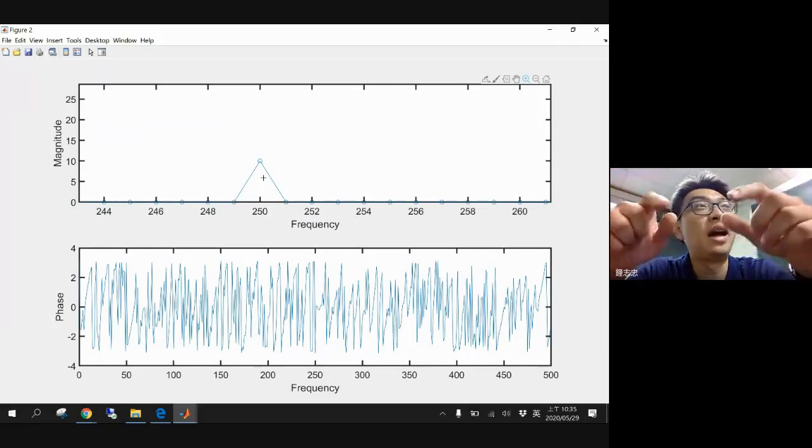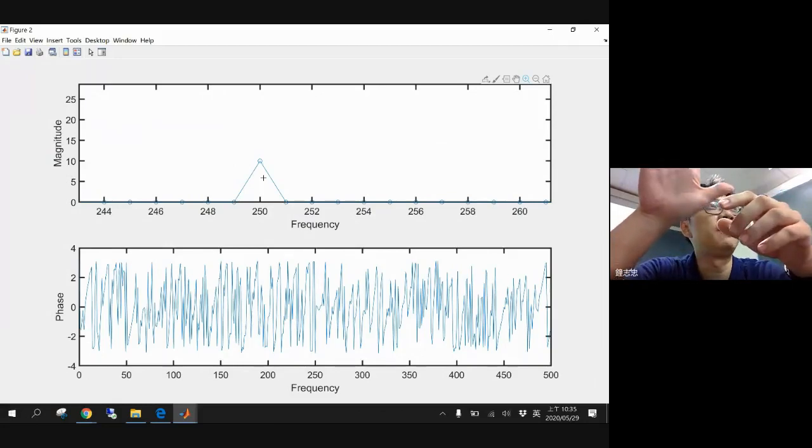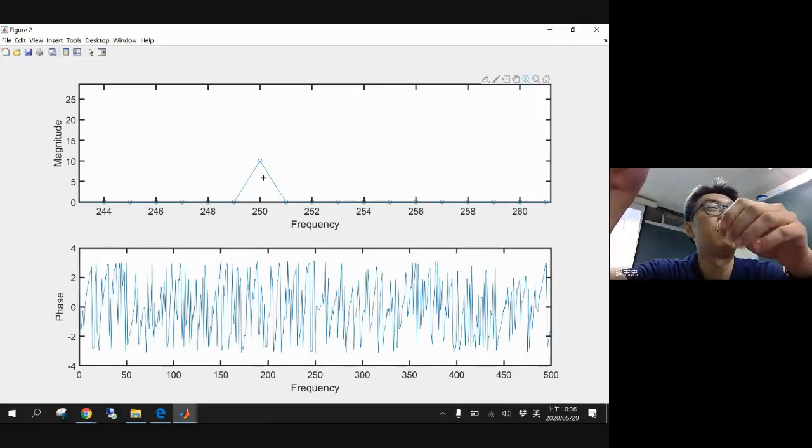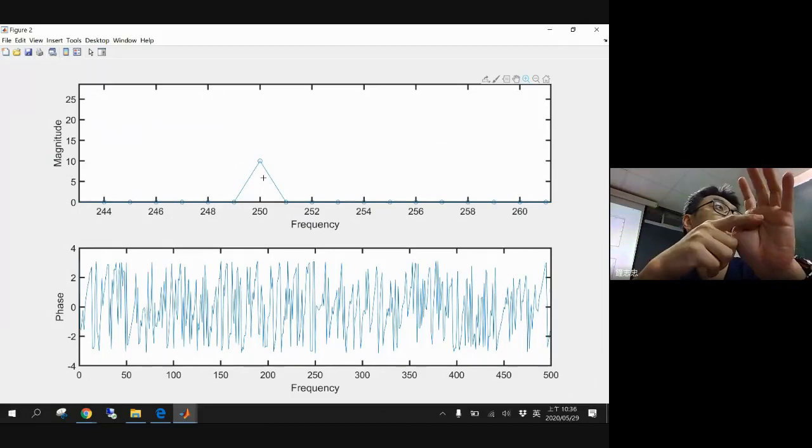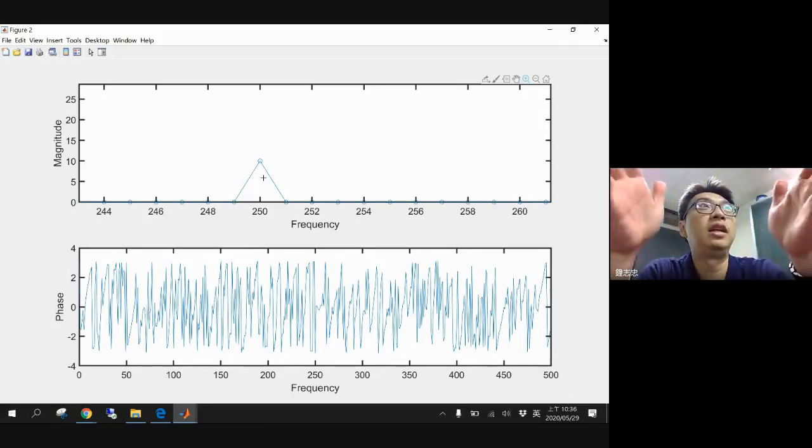So for that device, I need to list the rate, range, and the resolution. For the rate, you already know the maximum sampling rate. So maybe for the add-on, there's only a maximum of 100 hertz of sampling frequency.